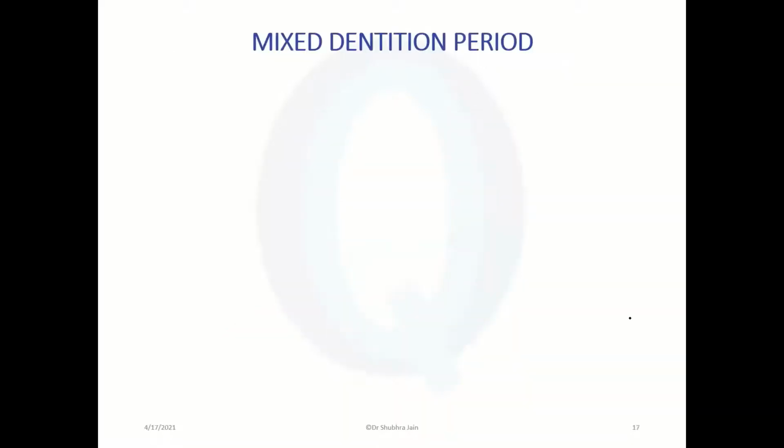Now, I'm going to talk about mixed dentition period. What is a mixed dentition period? Mixed means a mix of primary and permanent, sorry, not secondary. So mixed dentition period is the period when both primary and permanent teeth are present.